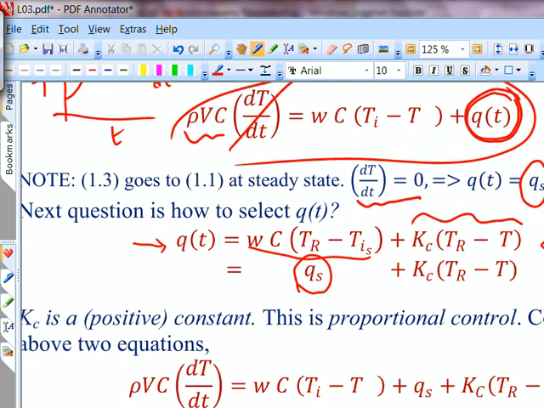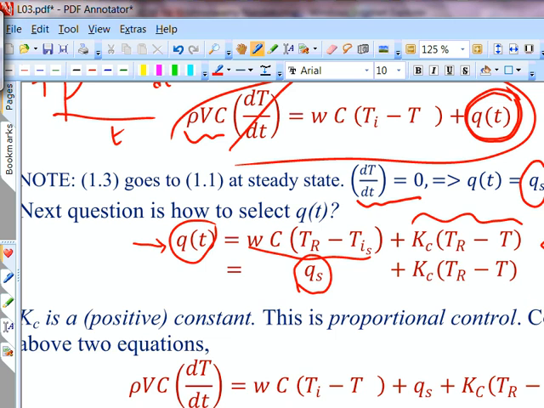We talked about it in the first or second lecture. It is the error, the difference between the actual temperature and the set point. So if T goes to TR, that difference is 0, and all you're going to input into the heater is the steady state value.